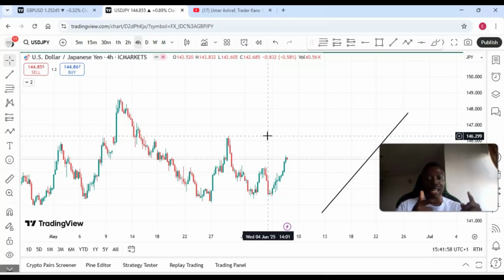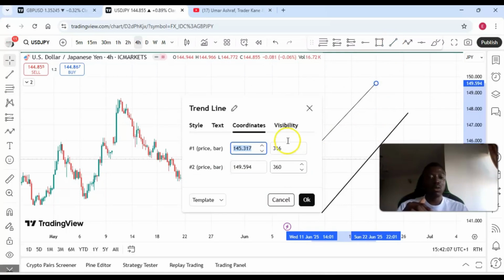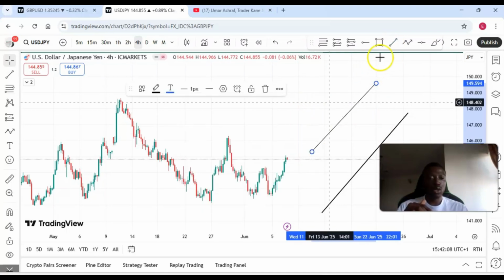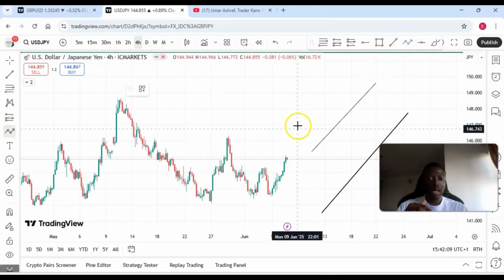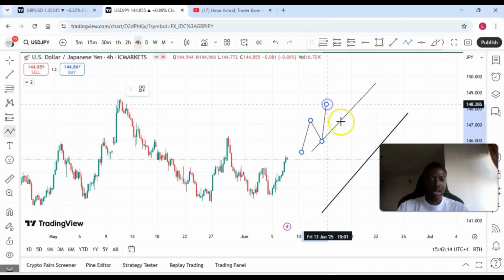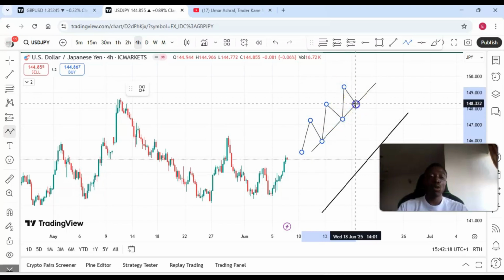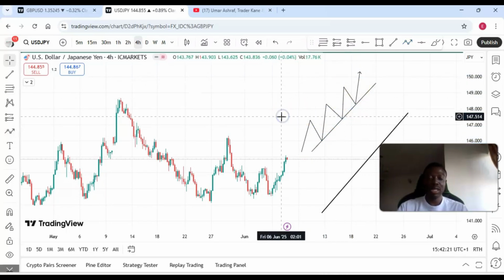If the market is in an uptrend, the direction is different. The uptrend line slopes upward like this, touching the troughs or the lows, something like this. An uptrend has a structure like this. So once you're able to have at least two touches, then you are good. You have a good trend line, something like this.